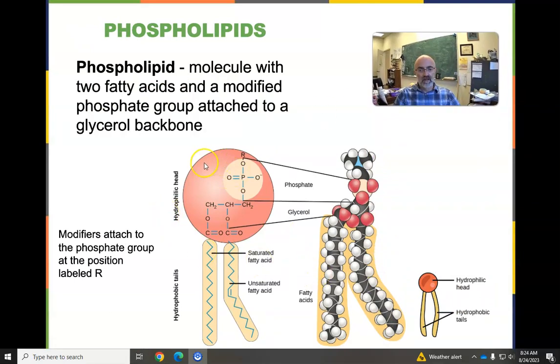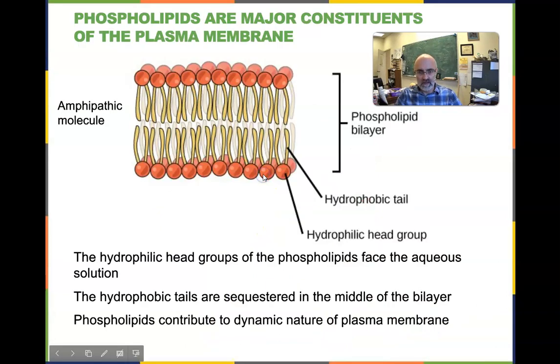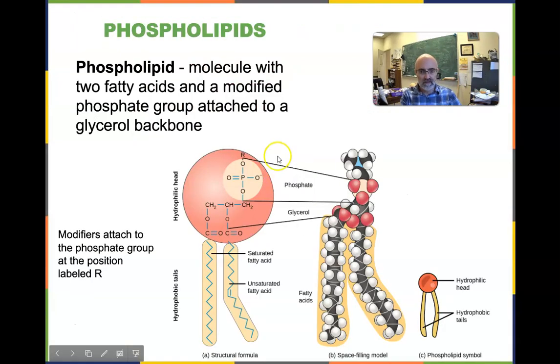So this molecule, we call it amphipathic. It's sort of analogous to polar, in that the individual components of the macromolecule have different behaviors in terms of whether they're hydrophilic or hydrophobic.